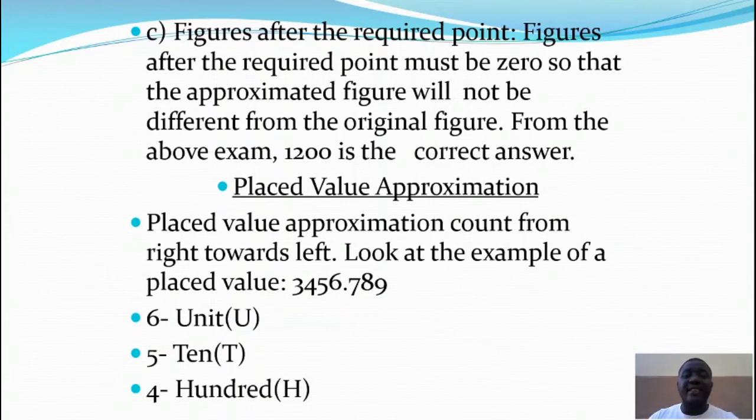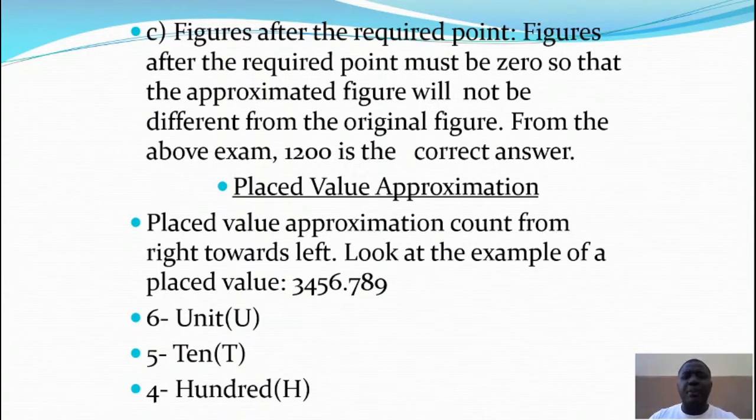The third technique is that every other figure should be 0. Instead of writing 3, we put 0. Instead of writing 4, we put 0. So the approximated figure becomes 1200. But the original value was 1234. I hope it is very clear.